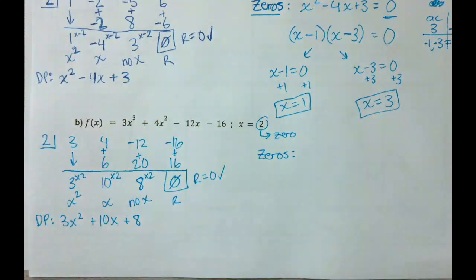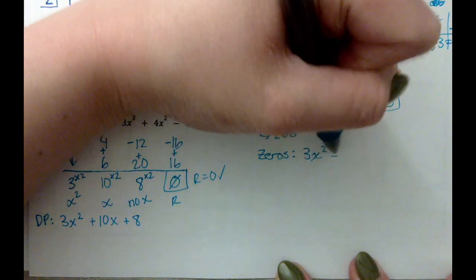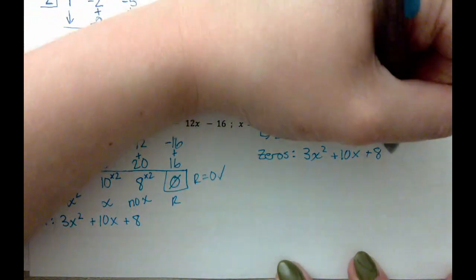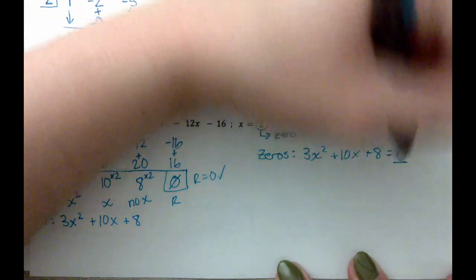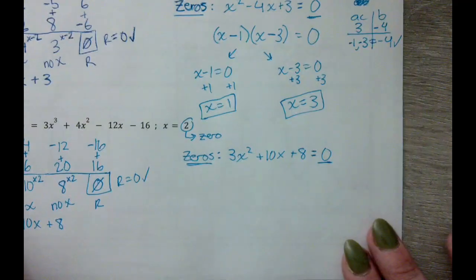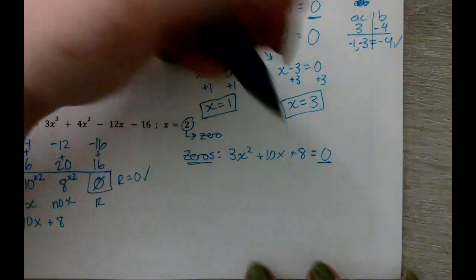So once again, they're asking us to find the zeros. So that means we take our DP, 3x squared plus 10x plus 8, and set it equal to 0. That's what zeros tells you to do. And then this is going to require slide and divide to get to our answer.